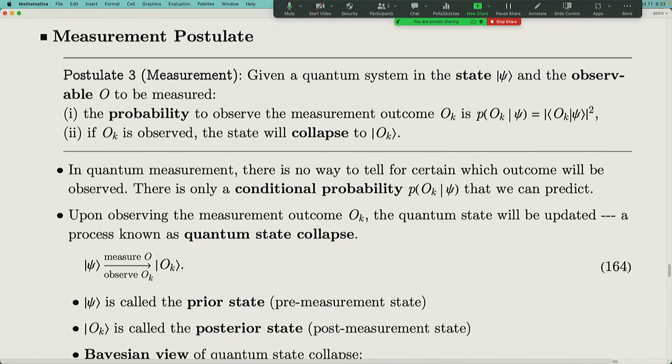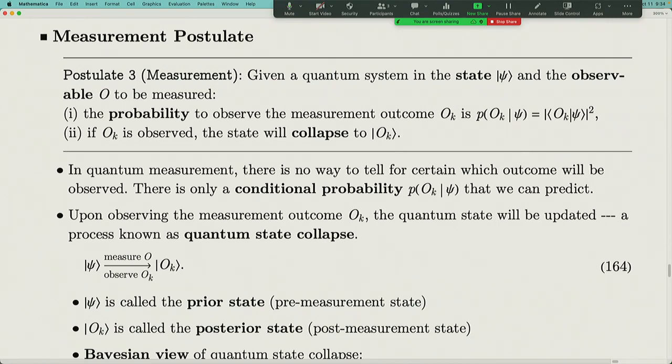The state is a vector, the observable is a matrix or operator. Given the state, and after specifying the observable, we want to make two predictions. One prediction is the probability of observing a given measurement outcome. Because when we measure this observable, as postulate 2 asserts, the measurement outcome can only be an eigenvalue of this observable.